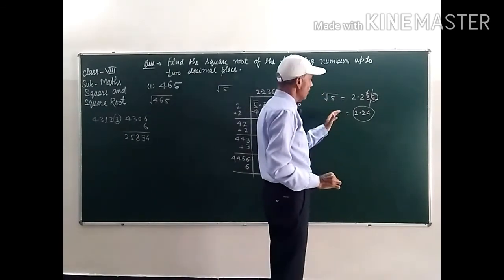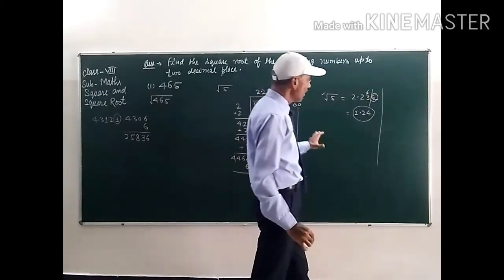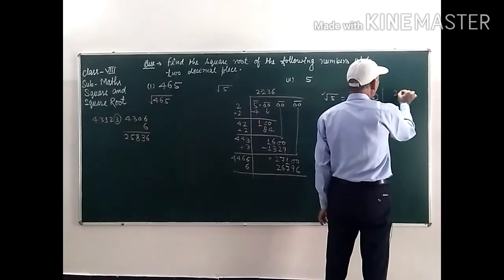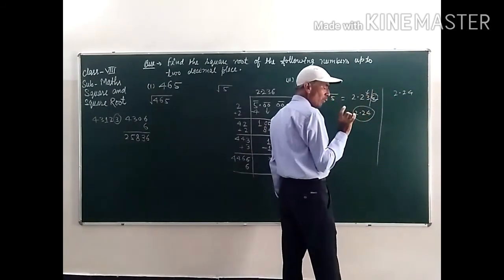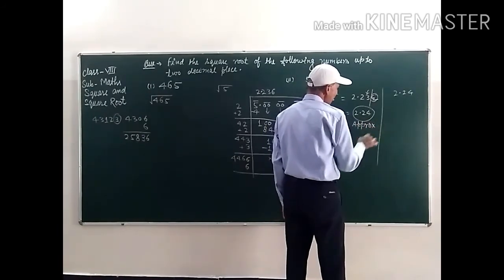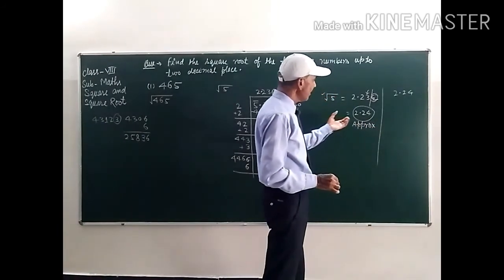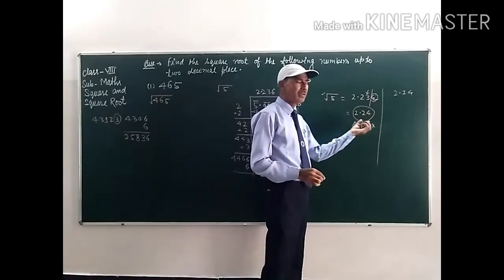Okay, so we are going to check this. 2.24. This is an approximate number, students. You have to write approximately here. This is the nearest number. It is not exact.